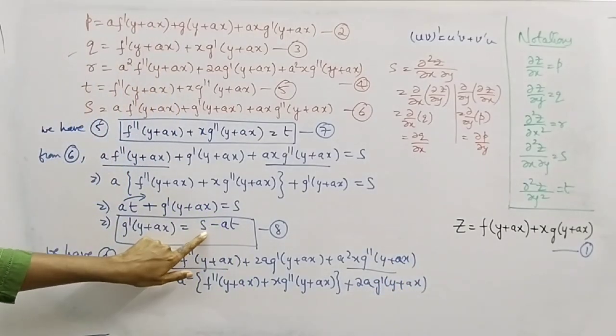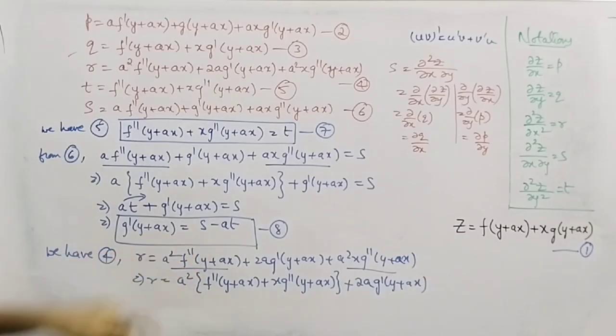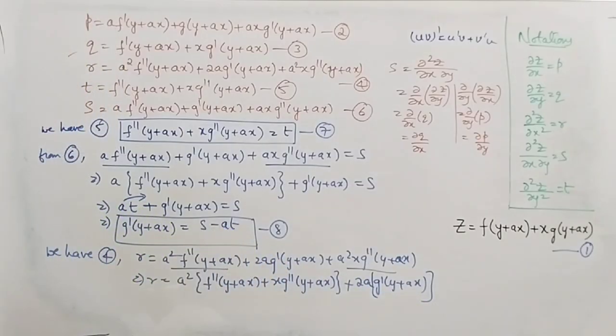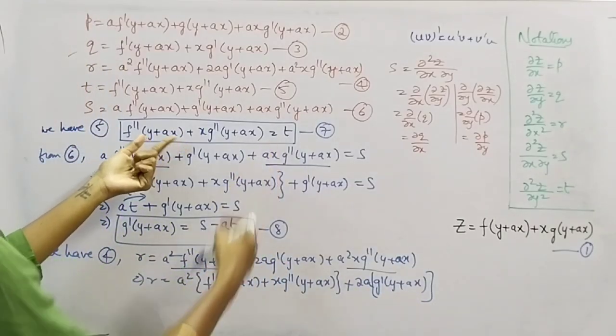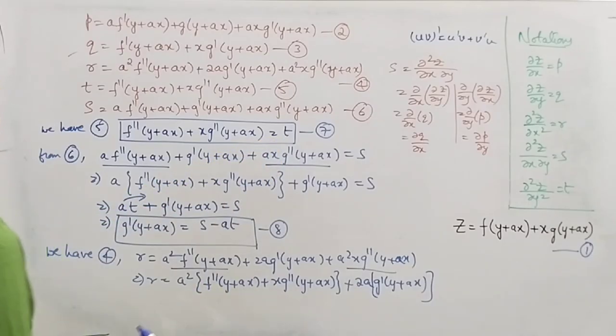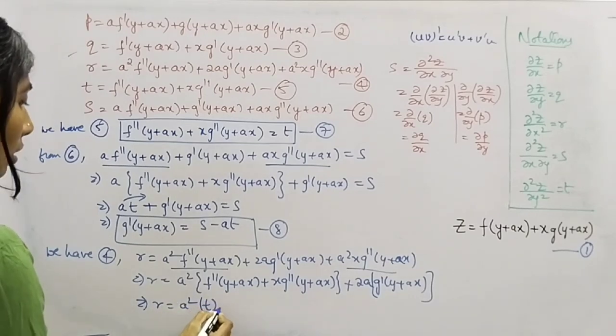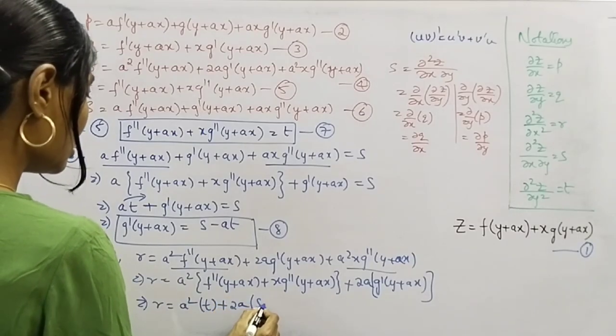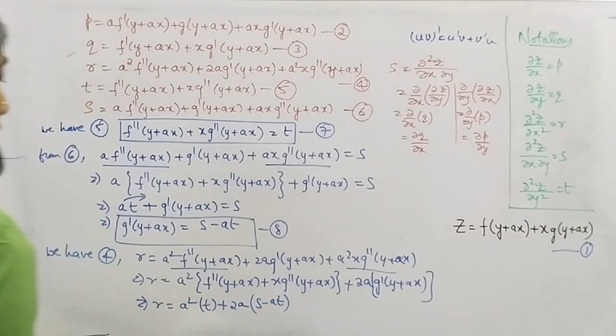By 8 we have g dash of (y + ax) is s minus a t, so replace it by s minus a t, and by 7 you have f double dash plus x g double dash equal to t, replace it by t. You'll get r equal to a square into t plus 2a into (s minus a t). We just use these two.